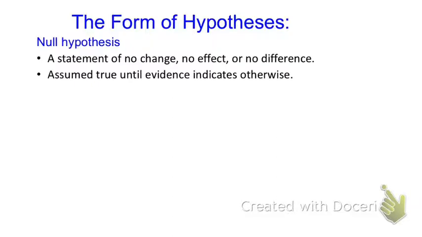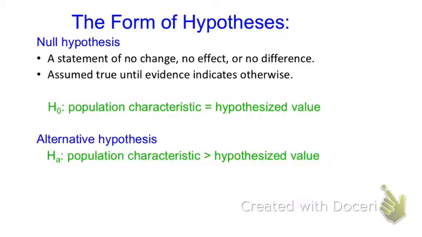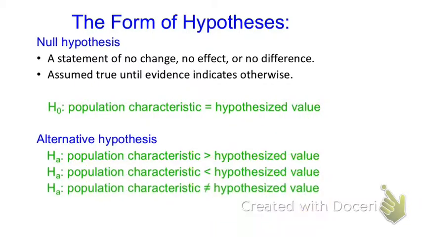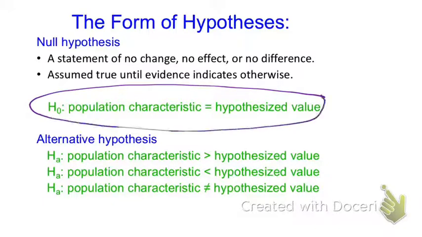Okay, so there are three ways. There is a less than, greater than, or not equal to test. My null hypothesis will always look like this: my population characteristic will equal the hypothesized value, and it'll be given in the problem.